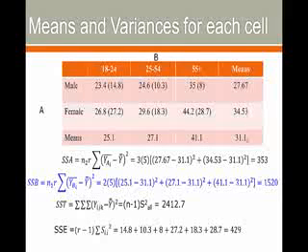27.67 minus the grand mean, which is 31.1, squared, plus 34.53 minus 31.1 squared, times the number of observations that we used to calculate these means. It was 3 categories. In each category, I have 5 observations. 3 by 5. It gives me 353. Similarly for B, SSB, I find 15.12.